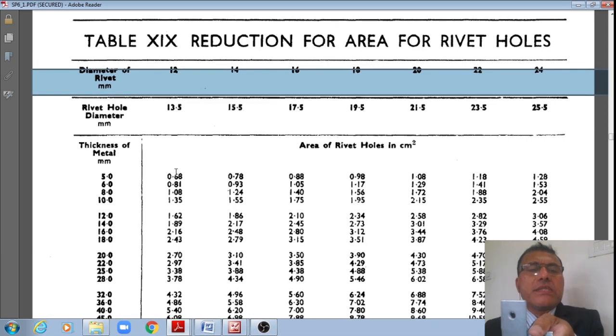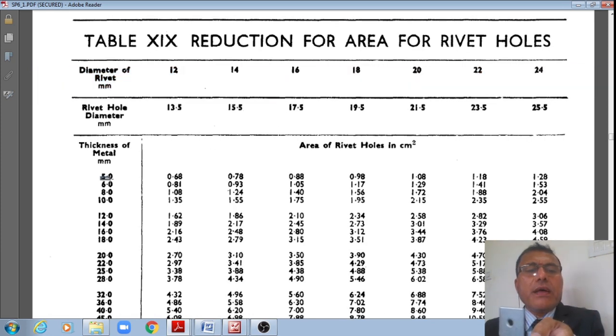This rivet hole reduction is nothing but d multiplied by t. D is equal to 12, d is equal to 13.5 multiplied by t, 5.